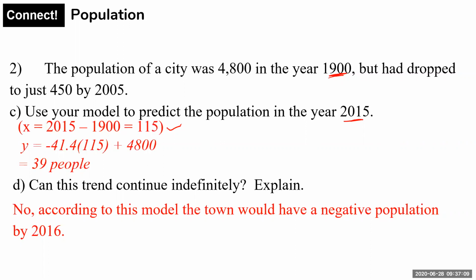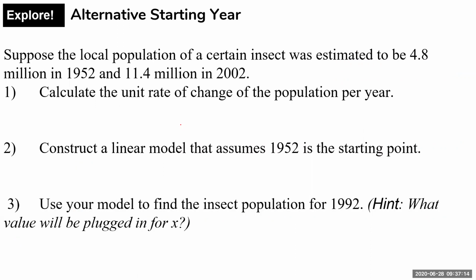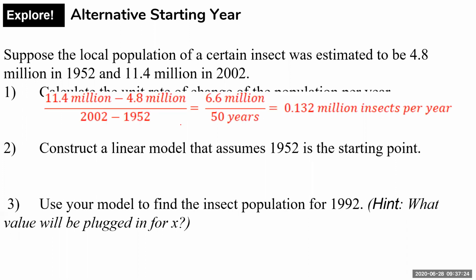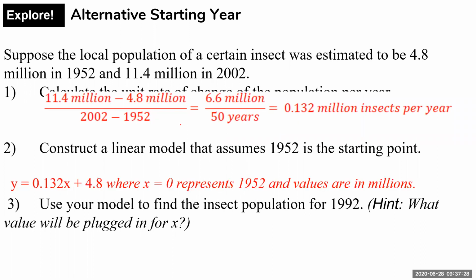So this is just an alternative method. If you want to go by what we just did, that is okay. If you want to use the actual year, graphically, in some instances, you would have to plug in the actual year, and I will show you how to do that. So this is an alternative method.